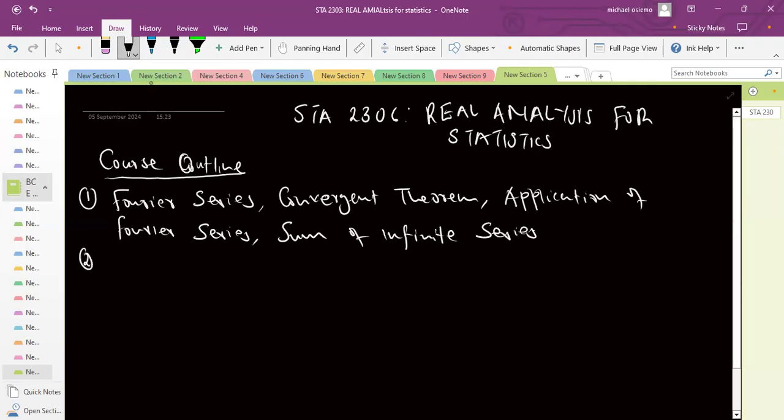Then the second, we're going to have calculus for several variables. Also, we're going to have continuity and differentiability.